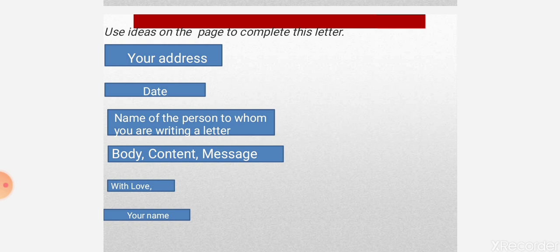It means that you have to write three things: an introduction of your message, then a description of your message, whatever points you want to convey, then a conclusion. You will conclude by writing, so I want to say so and so. Then with love, best wishes, whatever you want to write, and you will mention your name.